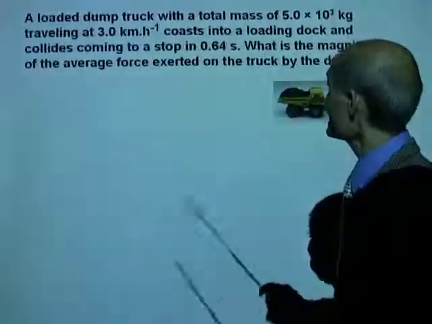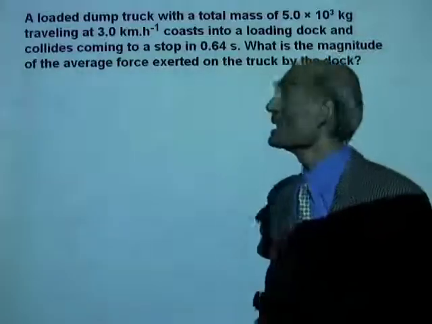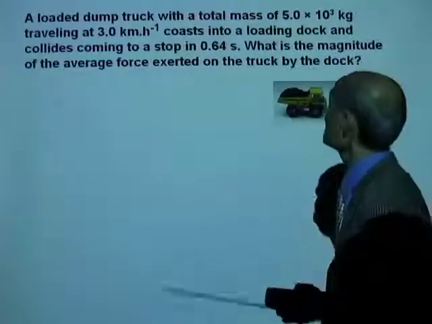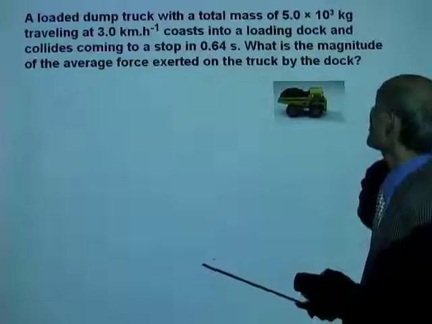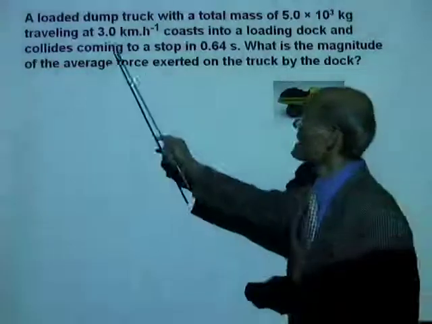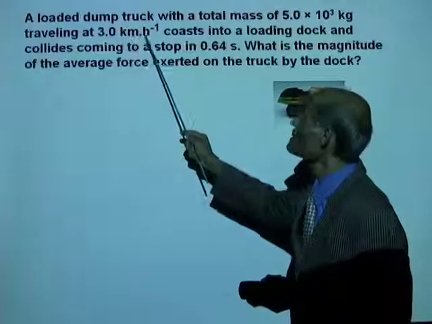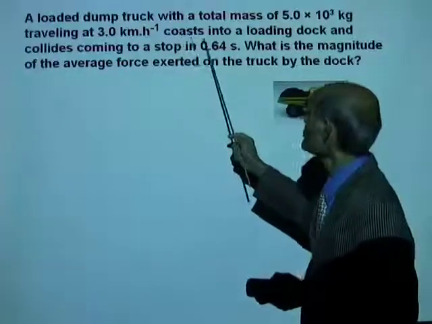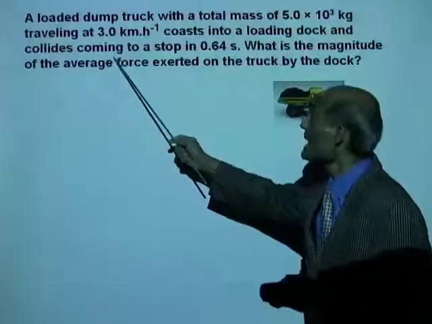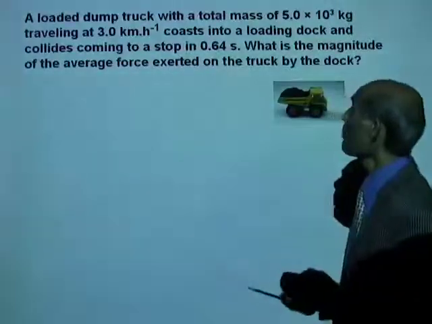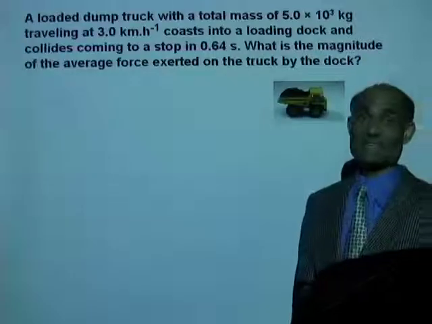Alright, let's do another one. A loaded dump truck with a total mass of 5 times 10 to the power of 3 kilogram traveling at 3 kilometers per hour coasts into a loading dock and collides, coming to a stop in 0.64 seconds.